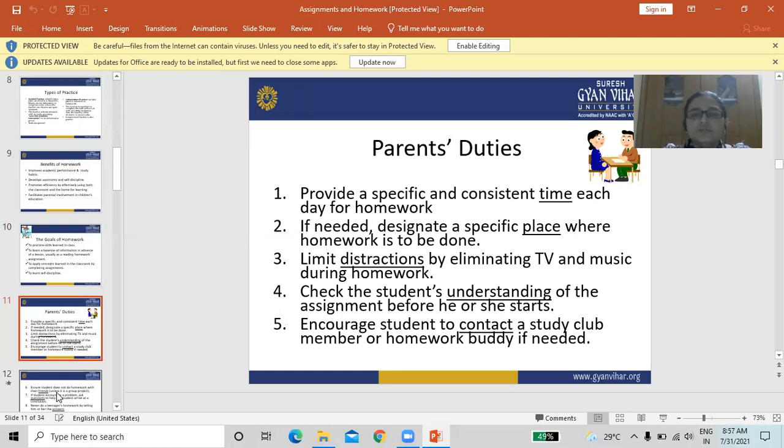Limit distraction by eliminating TV and music during homework.